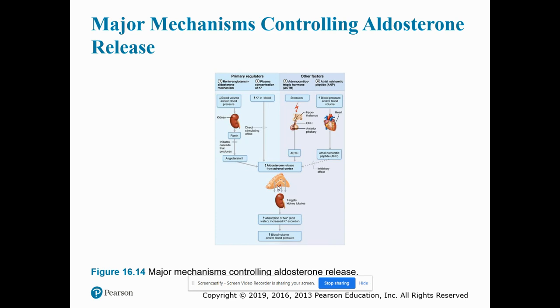ACTH, which is released in response to stress, can also cause an increase in aldosterone release. And then we have this last one, atrial natriuretic peptide. This is going to inhibit the secretion of aldosterone.